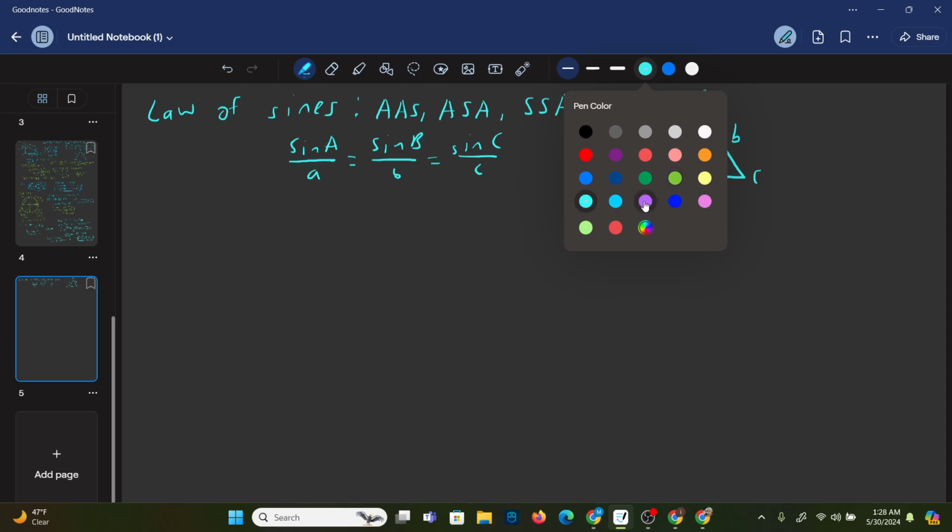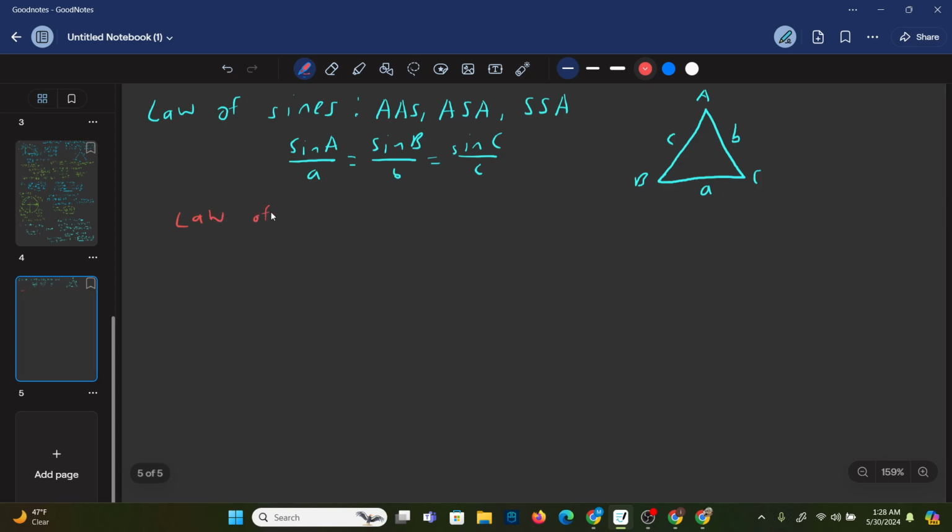The law of cosines is used when we have side, angle, side or side, side, side. And there's three formulas for the law of cosines.